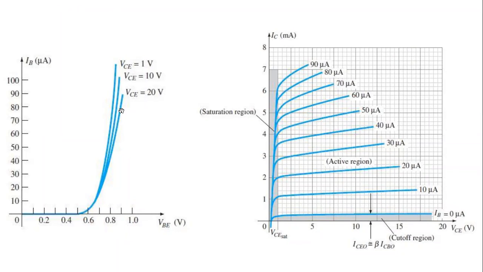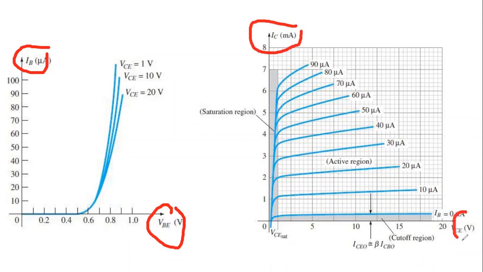We all know that the input characteristics curve is between the input voltage and input current. The input current is IB and the input voltage is VBE, and the output current is IC and the output voltage is VCE.